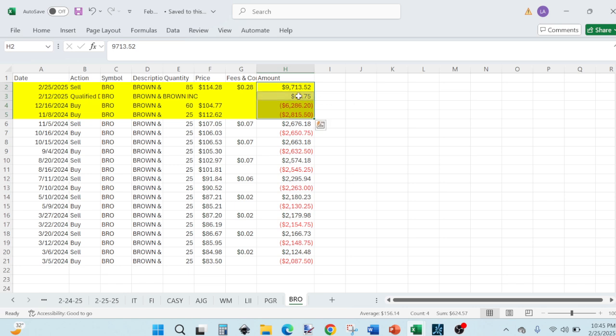If I take the dividend payment out, it's 611.82. That's the profit that we made on those two transactions. And we can see for the short option lines, we bought it on the 5th of March 2024. We sold it on the 6th.